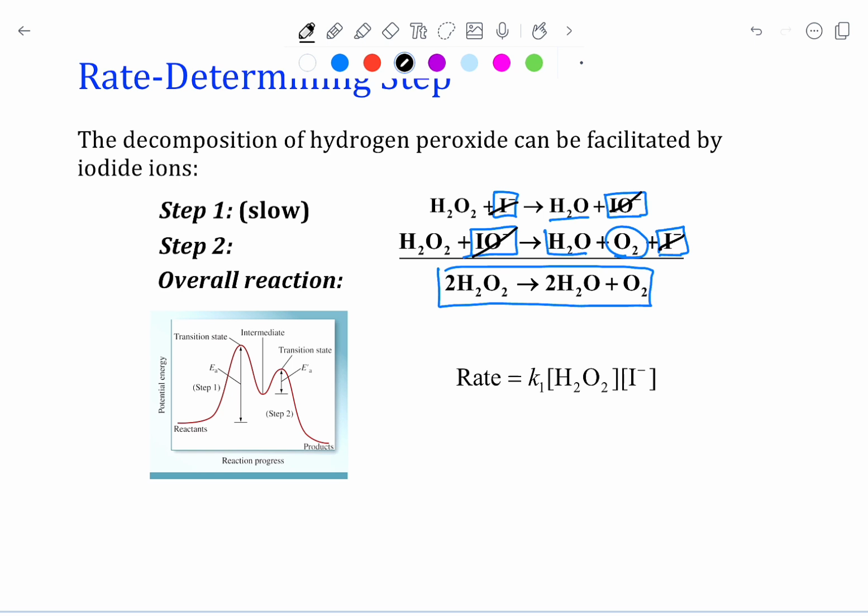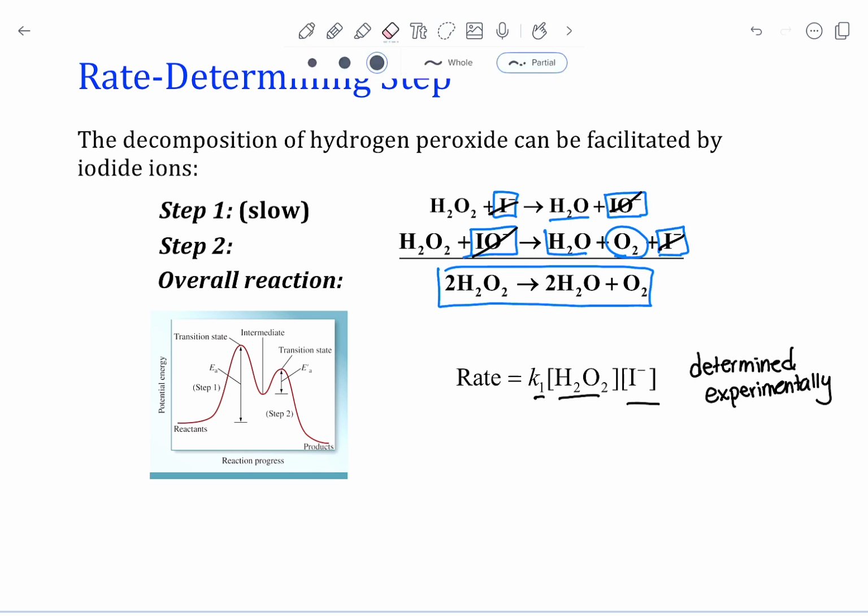Experimentally, the rate law was determined to be rate equals k1 times the hydrogen peroxide concentration times the iodide ion concentration. This was determined experimentally, and that's what we learned in our previous lesson, how to determine that using the method of initial rates.